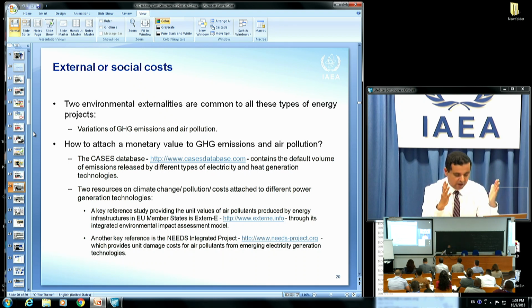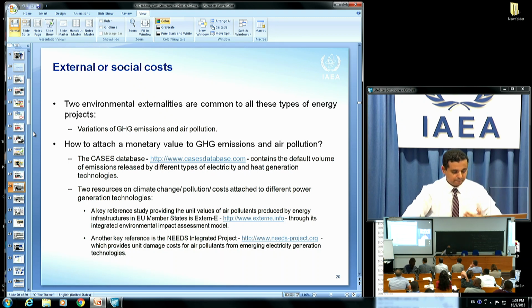So we have greenhouse gases, and we have air pollution. And there were a number of attempts to attach monetary value to these externalities. I'm providing a few links in this slide, but I won't develop this in detail.